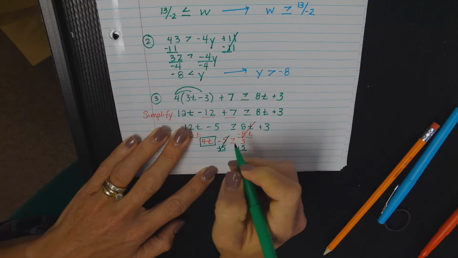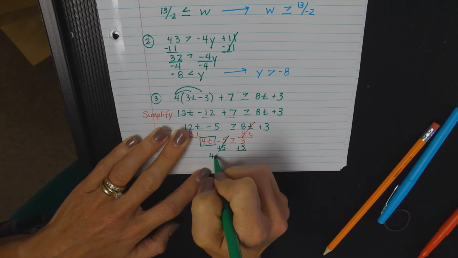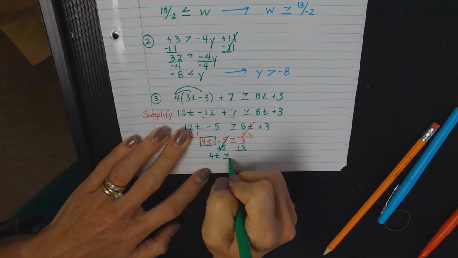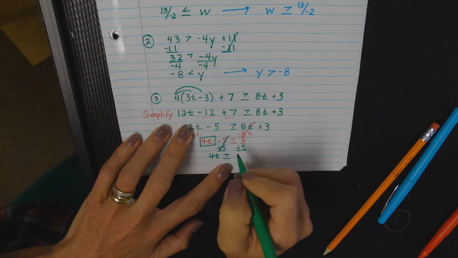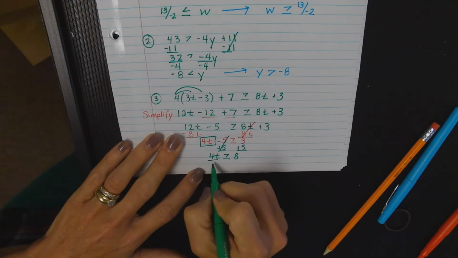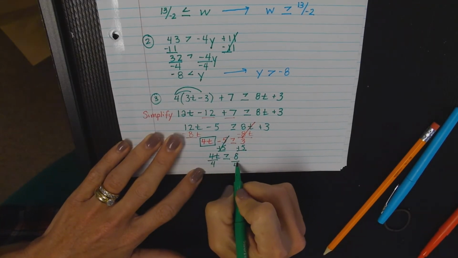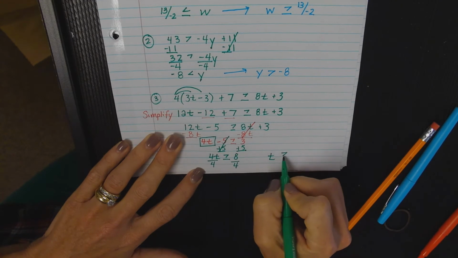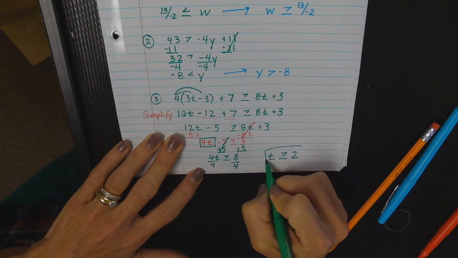Okay, that's gone. So I have 4T greater than or equal to, what's 3 plus 5? 8. I don't see any negatives. My sign is going to stay. Divide by 4. T greater than or equal to positive 2.